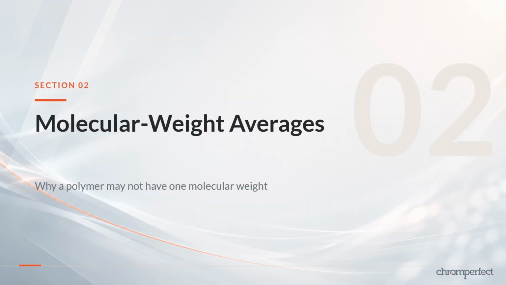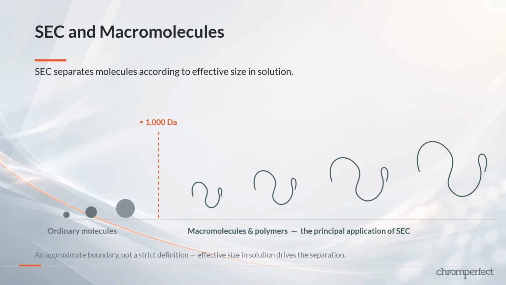Molecular weight averages. Size exclusion chromatography separates analyte molecules according to their effective size in solution. Although SEC can occasionally be useful for molecules with molecular weights below approximately 1,000, its principal application is the separation and characterization of macromolecules.